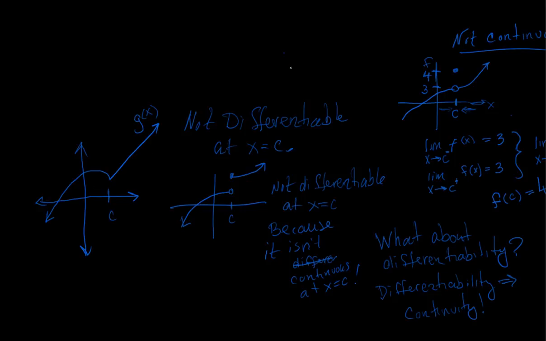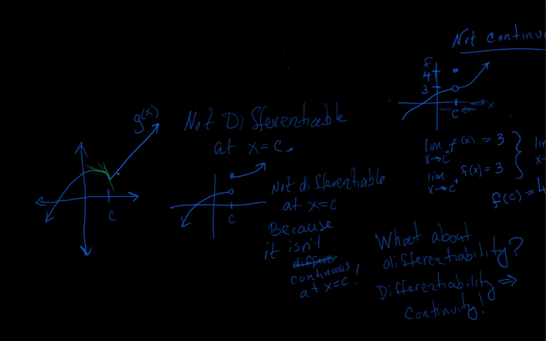Think of it like this. If you think about what's happening with these tangent lines, the tangent lines for values of x less than c look something like this. And then they're getting closer. As we get closer, these tangent lines are all negative. But look at the tangent lines on the other side.